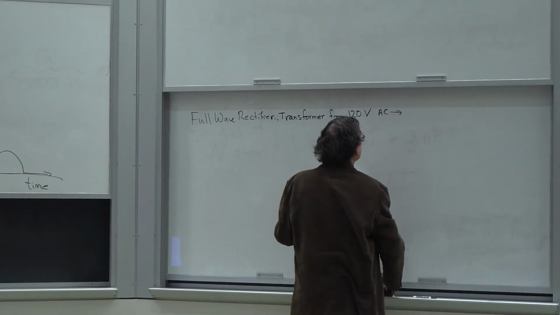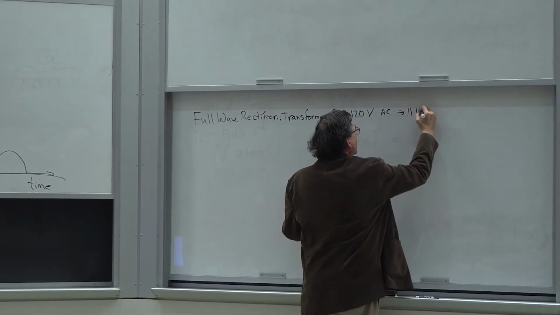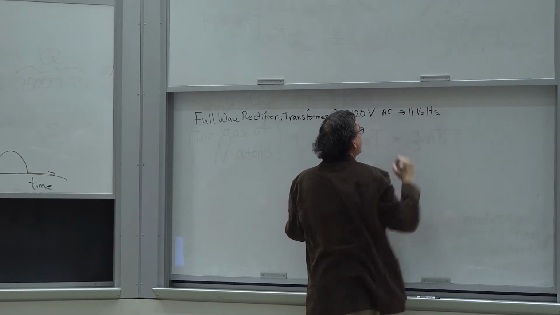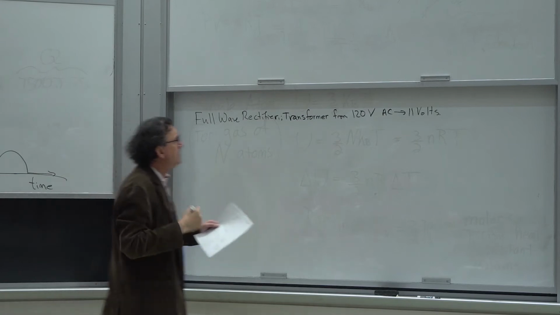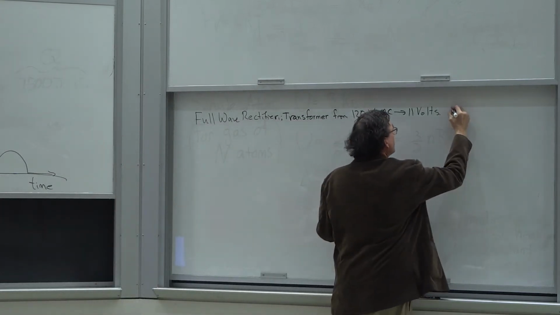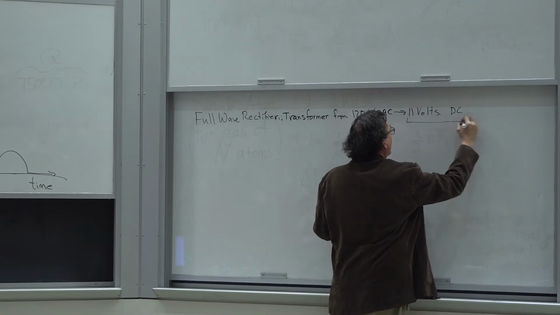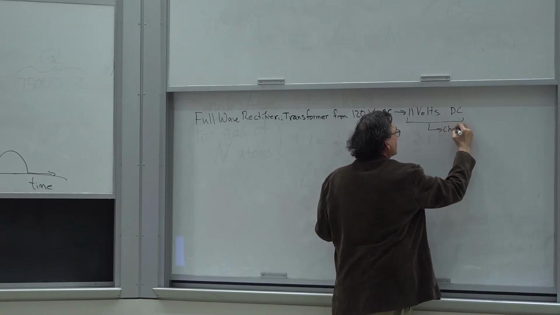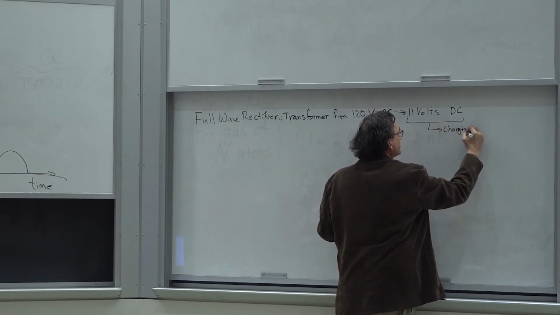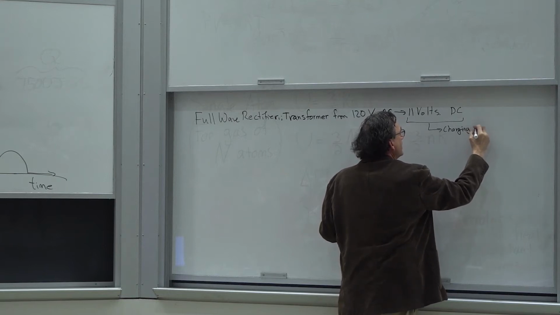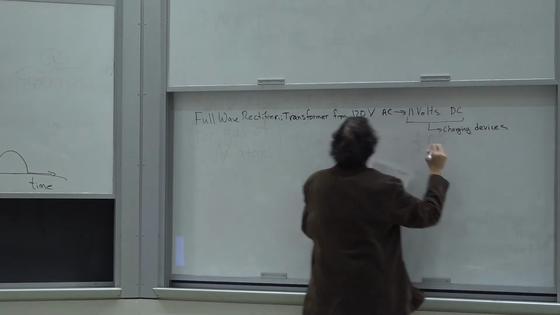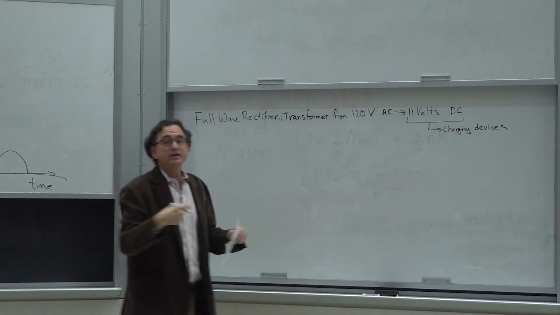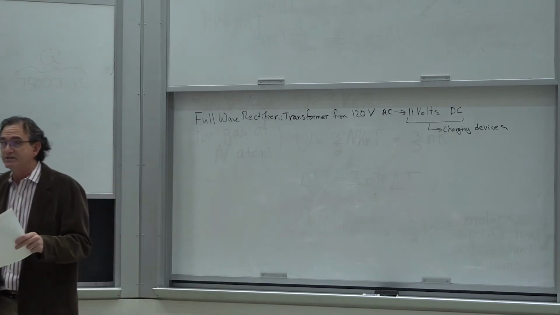Only in my example, I'm going to use 11 volts, just because it's easier to describe this way with the conditions of the diodes that we've already set. But you can make it 12 volts. And obviously, the most important reason why this matters is that all of our charging devices for our phones and computers and cameras use a wall current of 120 volts, which has to be converted to 11 or 12 volts DC in order to charge our device.